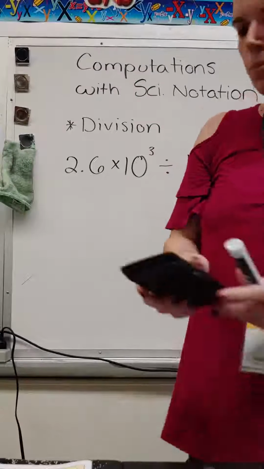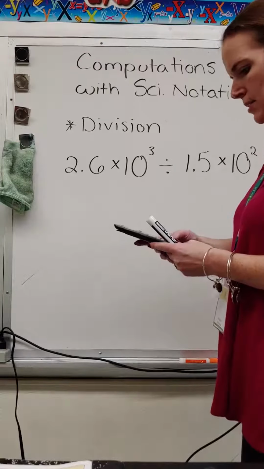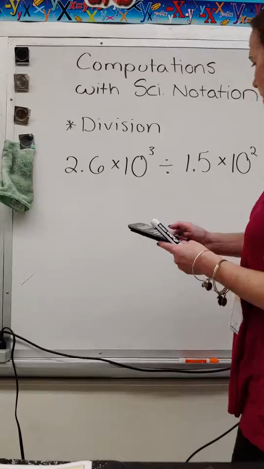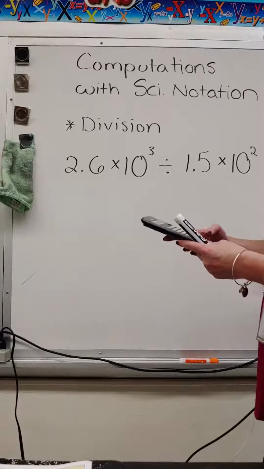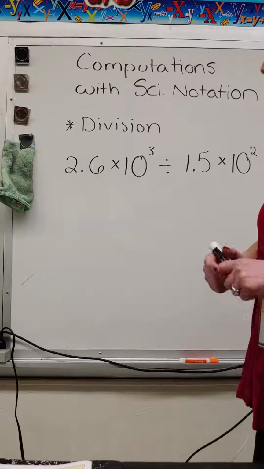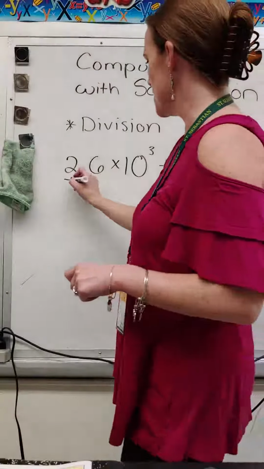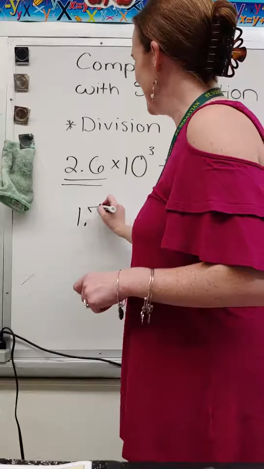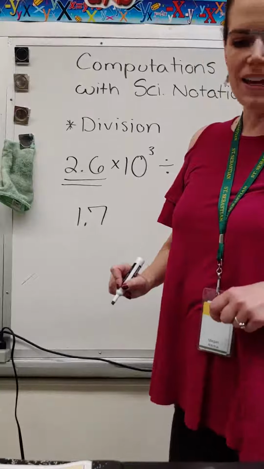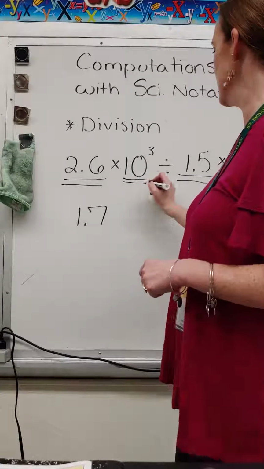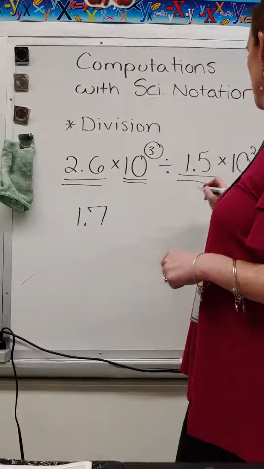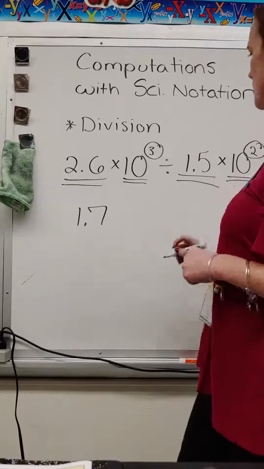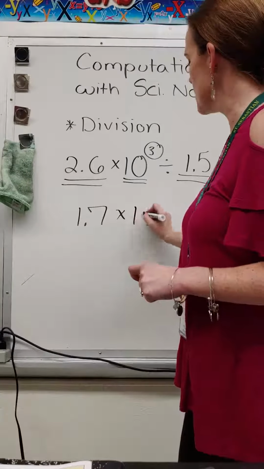You're going to take 2.6 and divide that by 1.5. And we're going to get about, oh, this one's already in scientific notation too. So this time we're going to get about 1.7. And this to the third divided by that squared, so it'd be times 10 to the first.